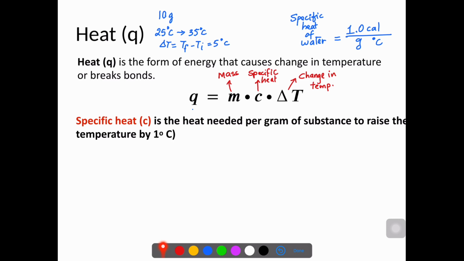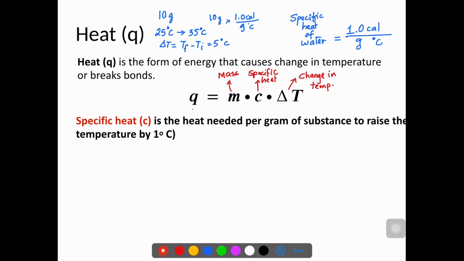So you want to raise the temperature of 10 grams of water by 5 degrees Celsius. Think about how much energy it would take. Every gram takes a calorie, so 10 grams should take 10 times 1. So you have to get the specific heat and multiply it by the mass of the substance, which is 10 grams.